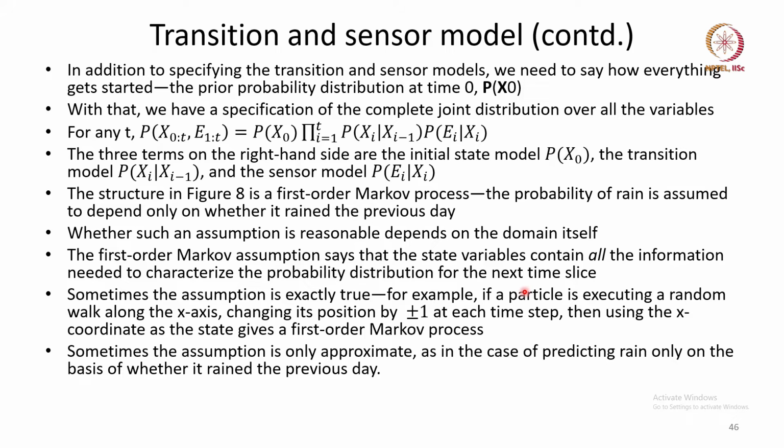So here obviously the next step depends only on the present step. So this is what is called a really first order Markov process, whereas here it is possible that some of the earlier values could also affect. So the assumption could be only approximate, it may not be really exact.